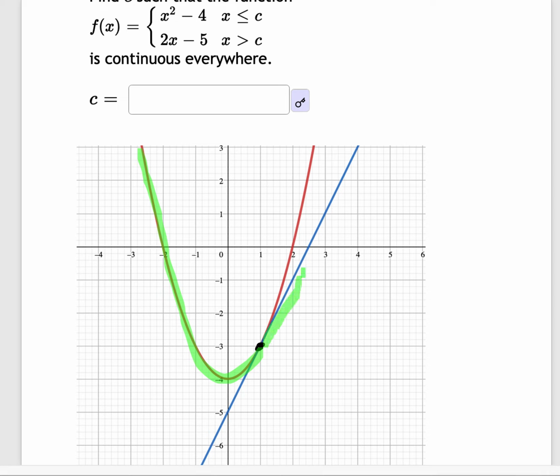So we would use this piece. So if these two functions meet up at 1, then this would be a continuous function when we join these two pieces together. So what we're going to do is verify that they actually meet up at 1 algebraically by setting these equal to each other.